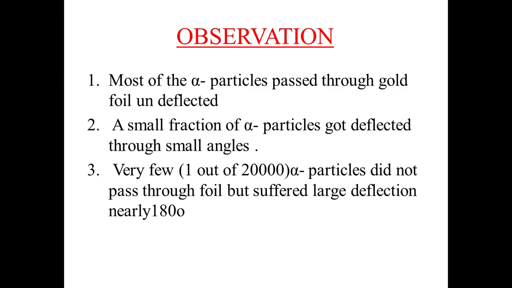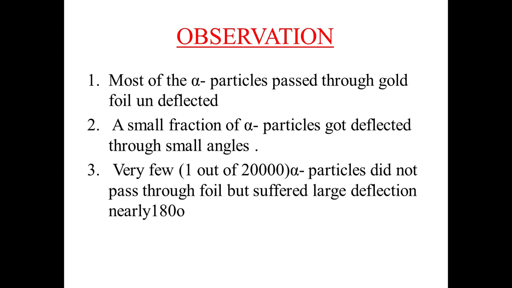So what observations were made through the Rutherford experiment? The first observation is that most of the alpha particles pass through the gold foil without any deviation or deflection.